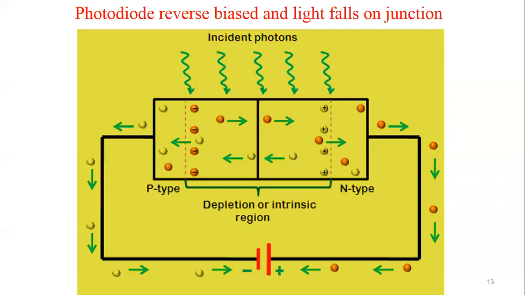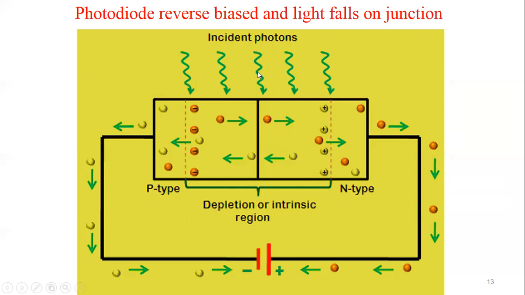Whenever photons or a particular intensity of light is incident on this depletion region, the charges present in this depletion region get some energy from these incident photons.